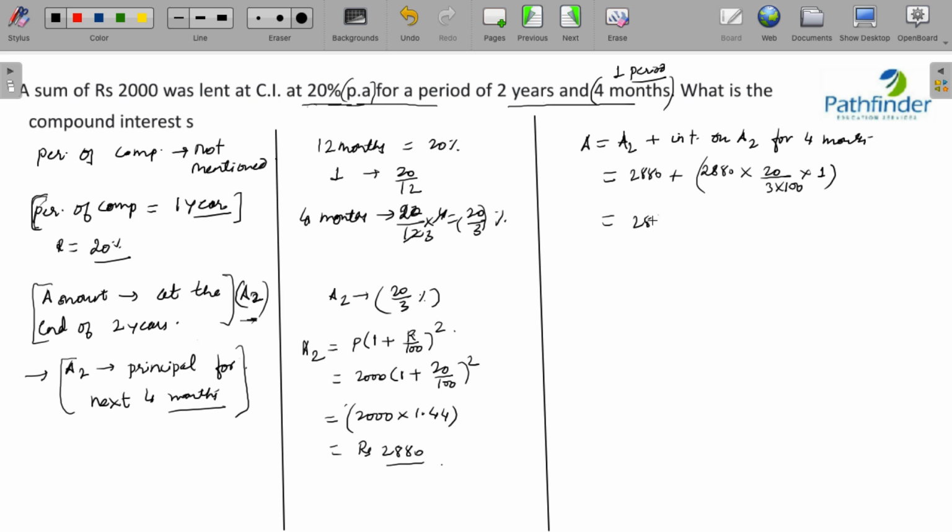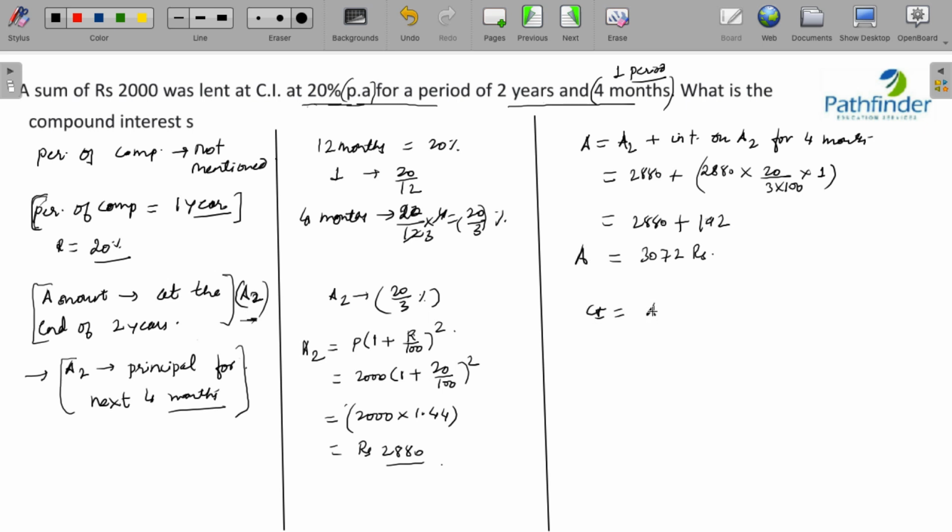This will give you the final amount. So this should be equal to 2880 into 20 upon 300. So 2880 into 1 by 15. So what does that become? It is equal to 192. And your final amount should be 3072 rupees. This is your final amount.